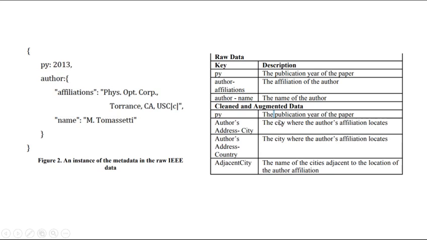The clean and augmented data consists of the year of publication, the city where the author resides, the city which the paper addresses, and the adjacent city which we get from APIs data. The affiliation data and author names are removed.